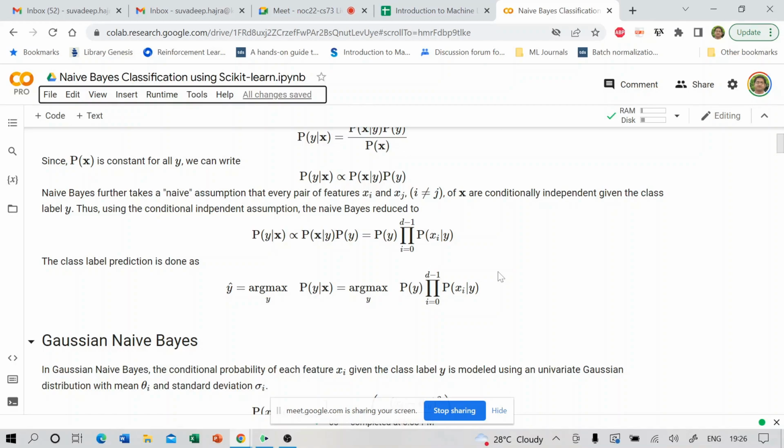If we want to use this Gaussian naive Bayes, how many probability distributions do we need to fit? I'm giving an example.